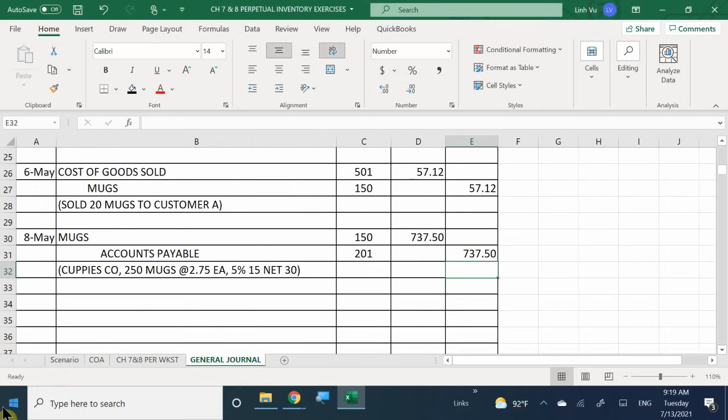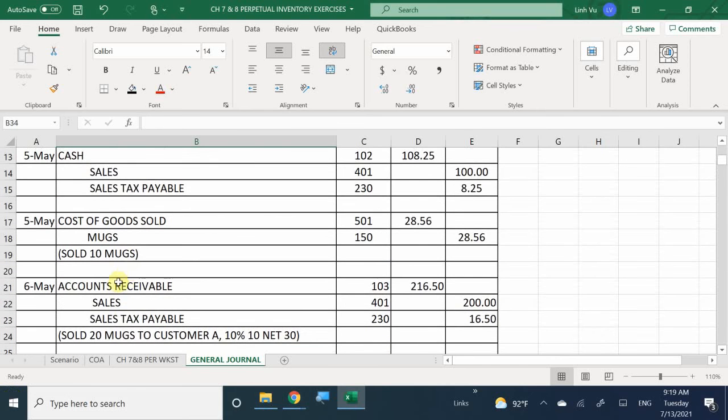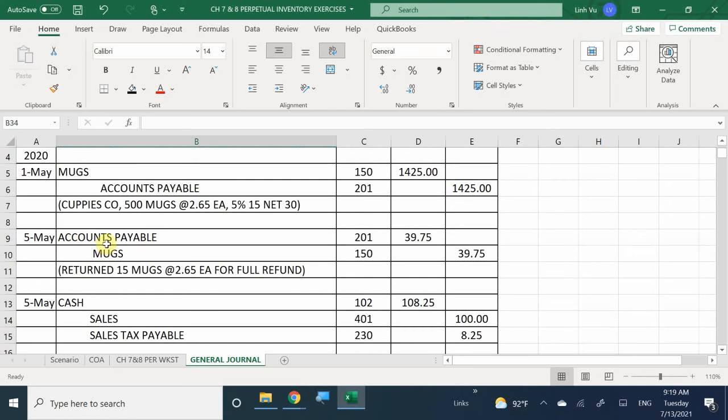Okay, so now I'm going to go ahead and journalize this. It is the 8th, same day. Oh, not June, it's May. And we're taking out from mugs, and we're also going to be lowering our accounts payable because now we owe less.